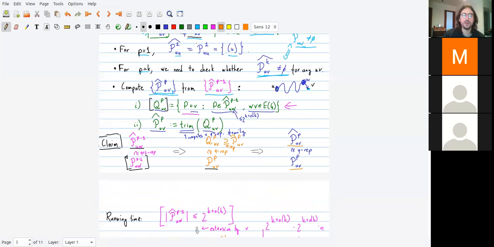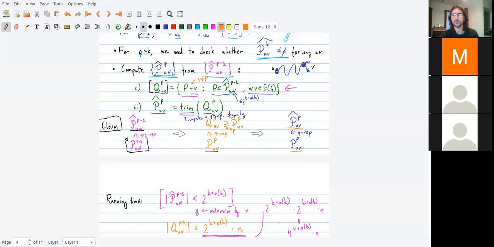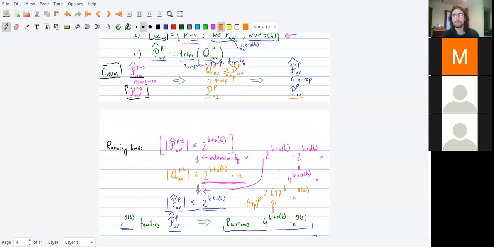Here I need to have that this assumes that v is not in P. So I can add the vertex v to a path only if it is not used before. Great, thank you. That was a very good comment. Yes, of course, this is the point where I check disjointness, in a sense.